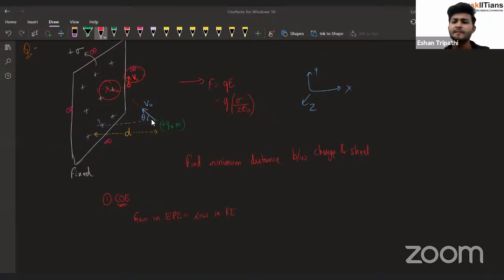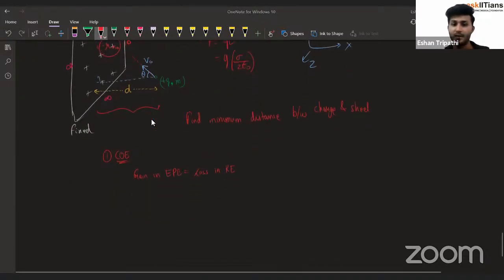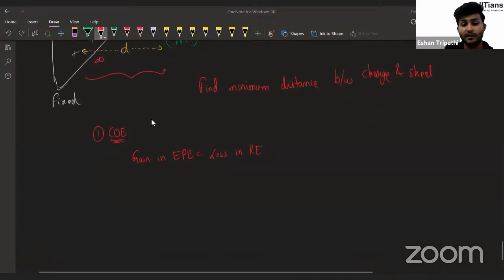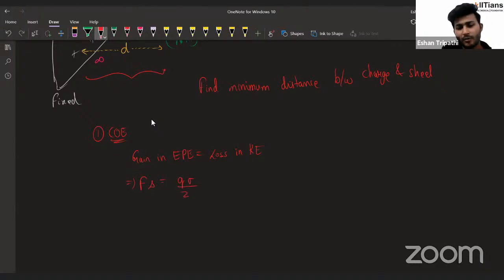And displacement towards left is d minus r minimum. Total distance was d, and now it is only r minimum distance away. So total work done is force multiplied by displacement. So this is equal to q sigma by 2 epsilon naught multiplied by d minus r minimum, and this is equal to loss in kinetic energy. Loss in kinetic energy is half m v naught square minus half m v1 square.